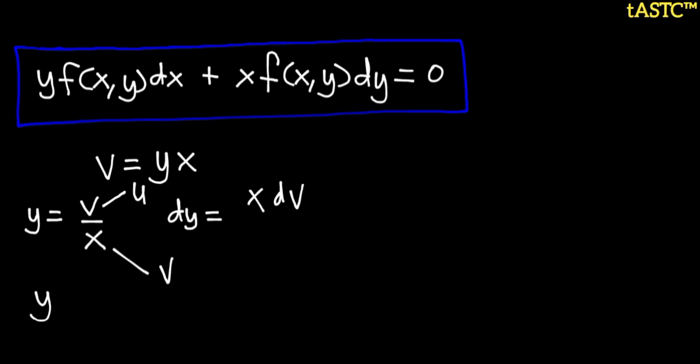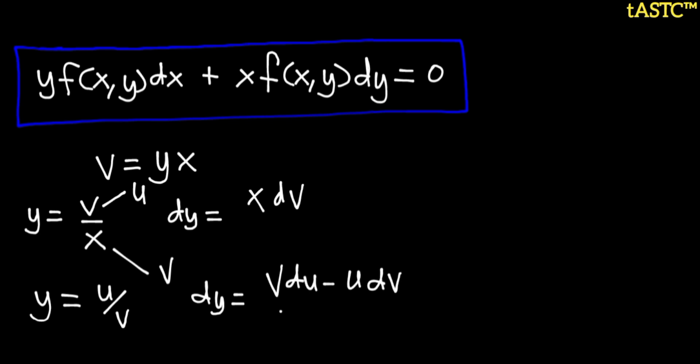We know that if you had y equal to u divided by v, if you wanted to differentiate y, that is going to be dy, and you're going to have v du minus u dv, divided by v squared.